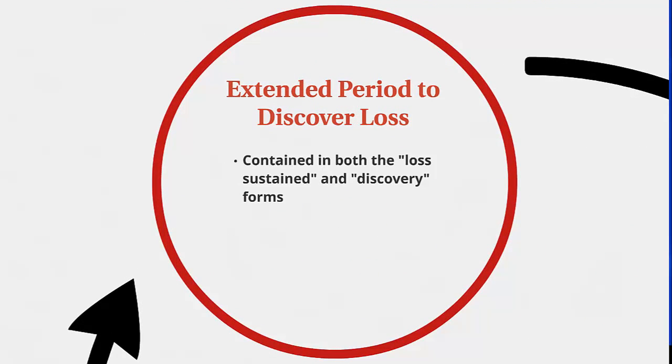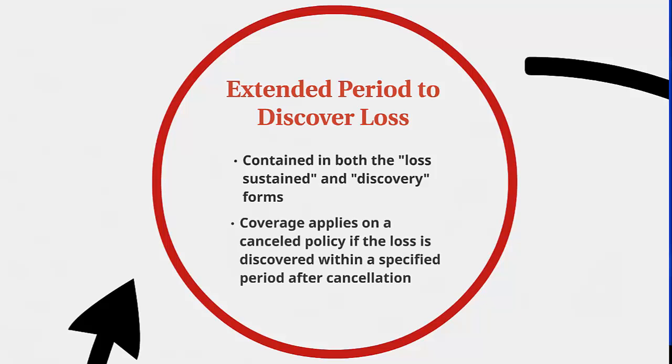Both the loss sustained forms and the discovery forms contain an extended period to discover loss condition. It applies only if the policy is canceled. It is a period of time after cancellation of the policy known as the extended discovery period, or simply discovery period. So, coverage will apply on a canceled policy if the loss is discovered within a specified period after cancellation.